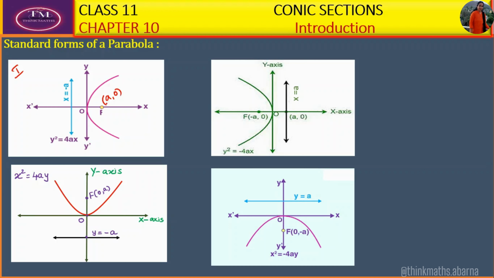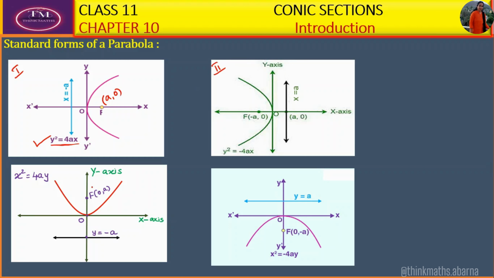If it is positive a comma 0, then the directrix will be at the negative side of a. That is x is equal to minus a. This is the equation of the directrix. Then for this type, the equation of the parabola is y square equal to 4ax. This is the equation of the parabola with focus at a comma 0. Okay, this is the first form.